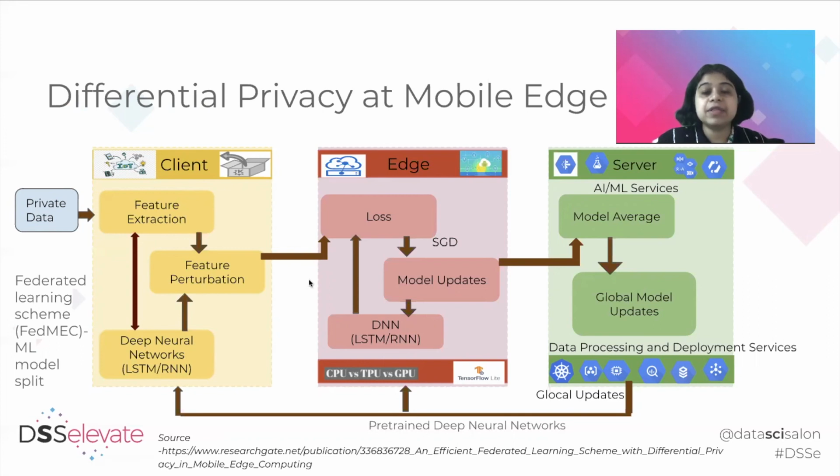The edge server does the maximum processing in terms of learning the network through stochastic gradient descent, and ultimately sends its update to the server. The server averages the different models sent by the edge devices, which may be considering several clients' models.